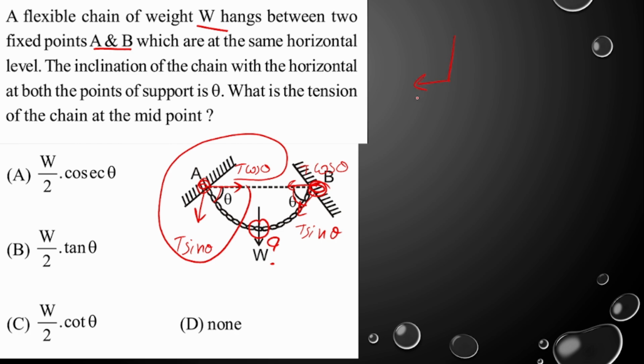So the chain will have T cos theta in this direction and T sin theta in this direction, and one more force is acting on the chain, that is mg. So we can write T sin theta two times equals mg. So T equals mg upon 2 sin theta.